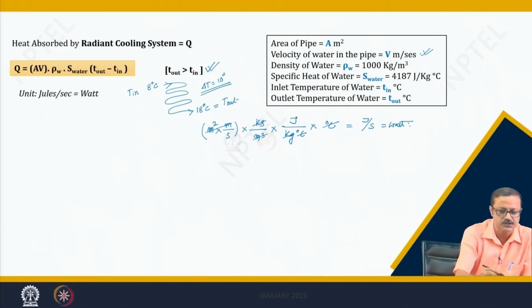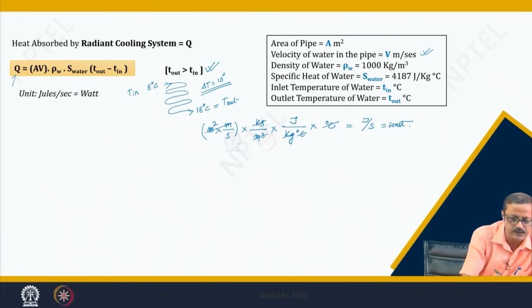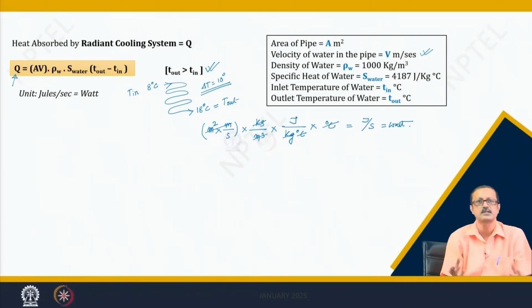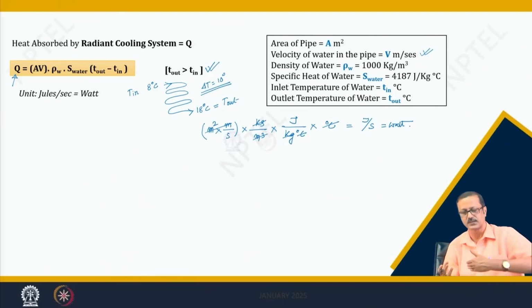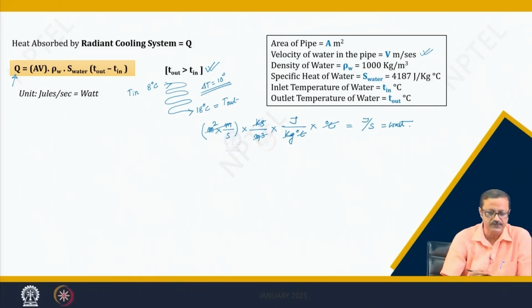So, this is your total heat gain by the system because the chilled water is passing through and there is a temperature difference.